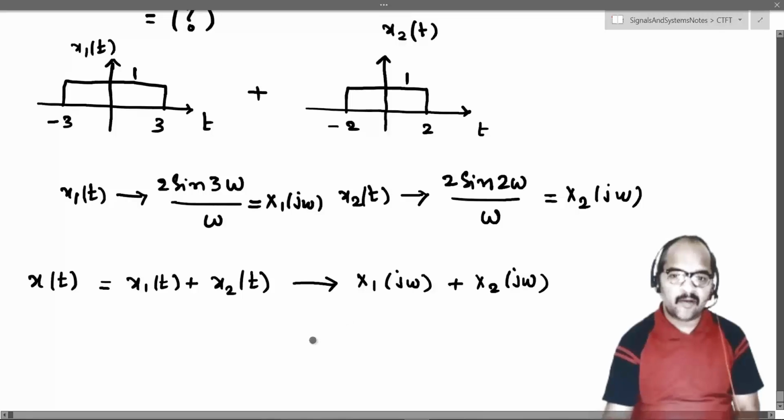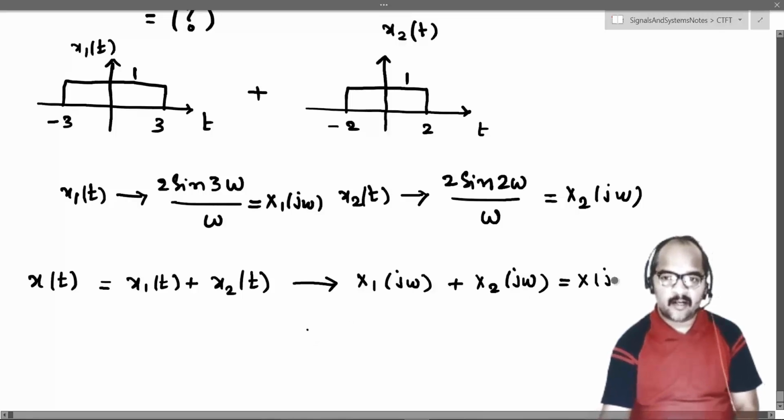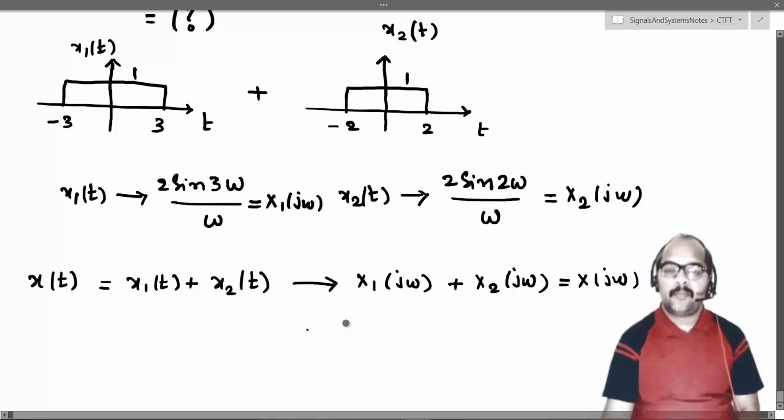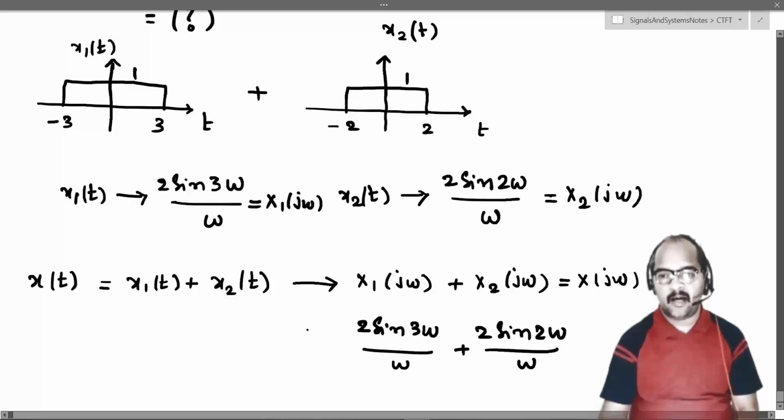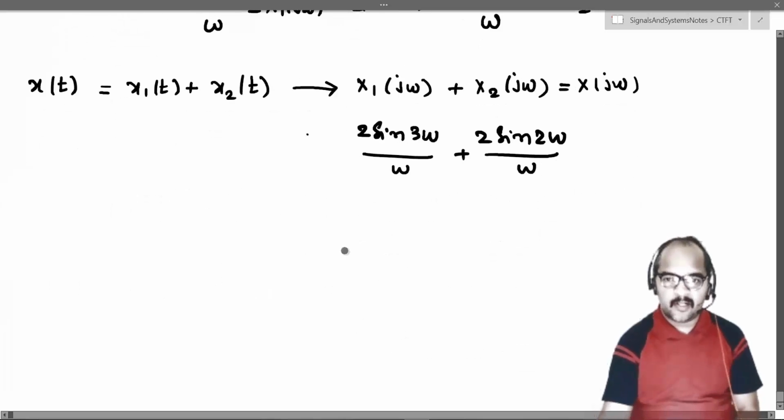So what would be the final answer? This is our x of j omega, right? So x of t will have x of j omega, which is nothing but x1 of j omega plus x2 of j omega. So what would be the answer? You will get 2 sine 3 omega whole divided by omega, plus 2 sine 2 omega whole divided by omega. Okay, so finally what is the answer here?